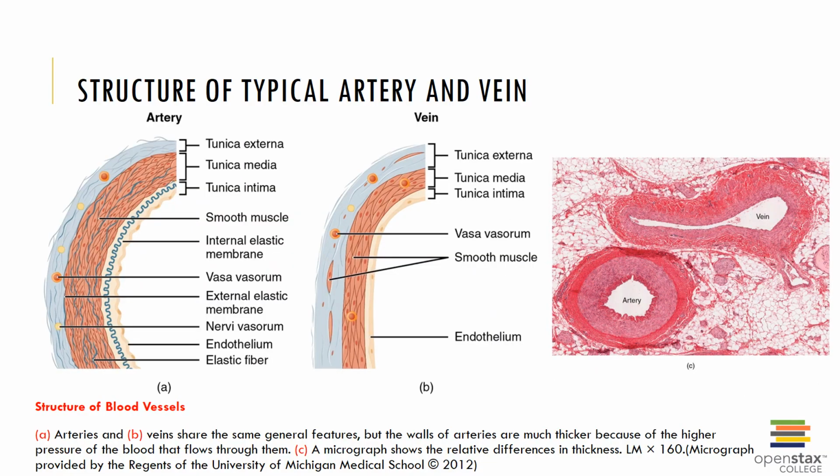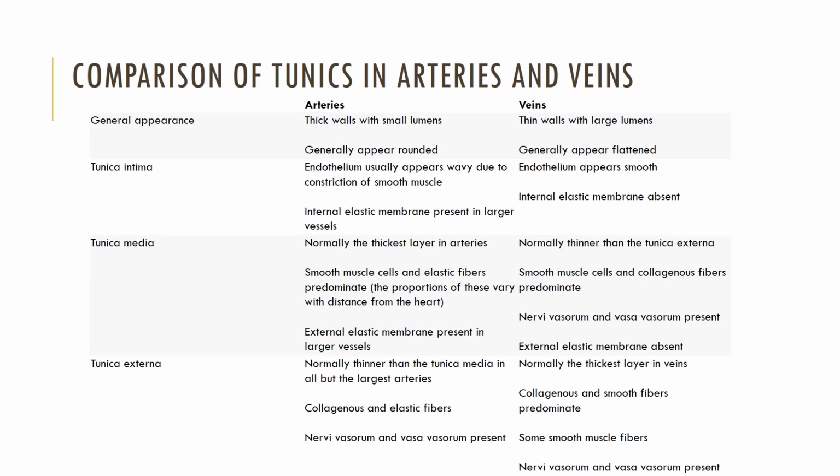Here we can see the structure of a typical artery and vein. In this course, you will also be examining the difference of the tunics in arteries and veins, which is shown here. Arteries tend to have a round lumen and a relatively thick wall, while veins tend to have a flattened, collapsed, or irregularly shaped lumen with relatively thin walls.